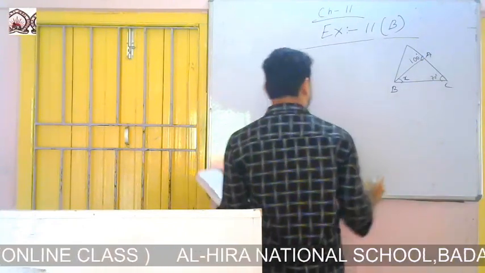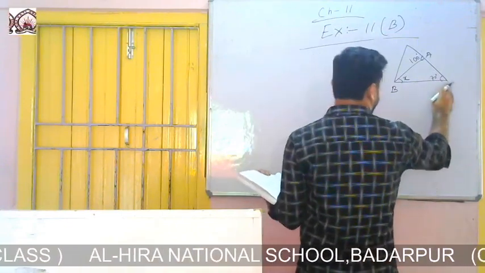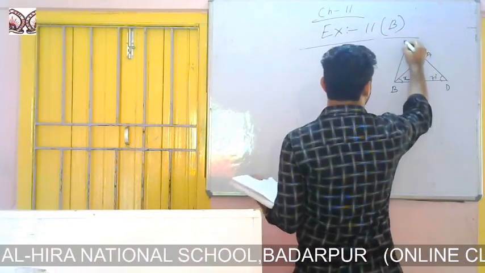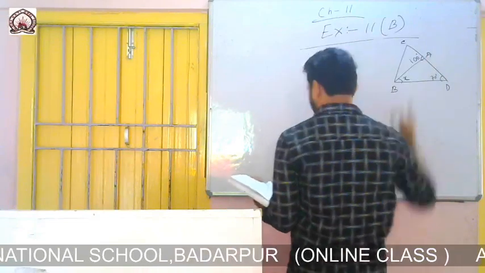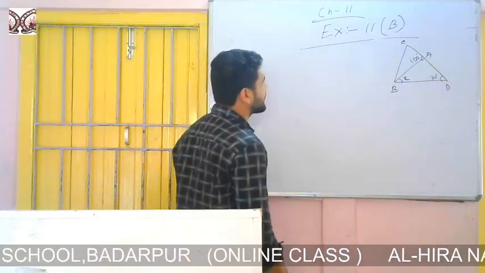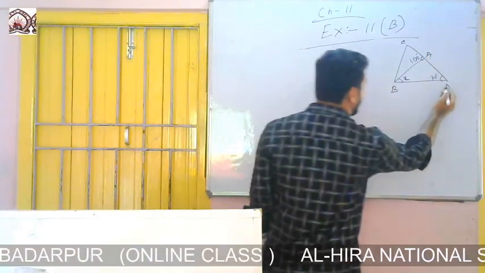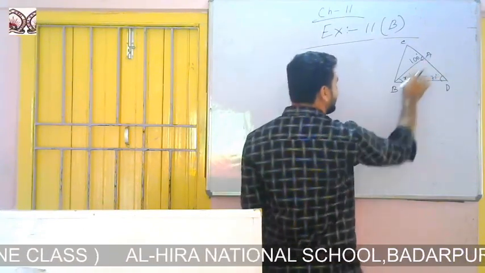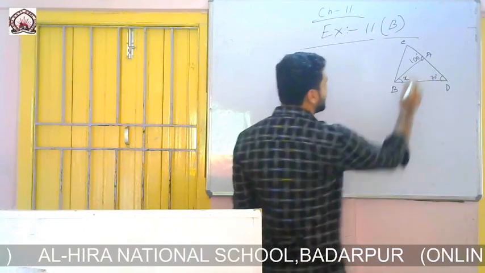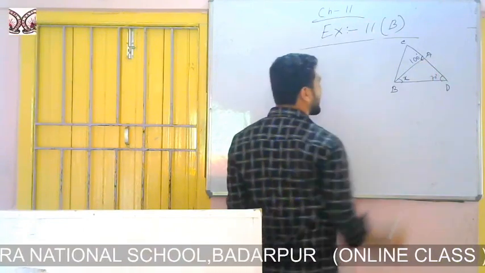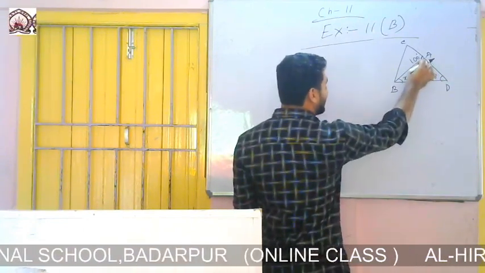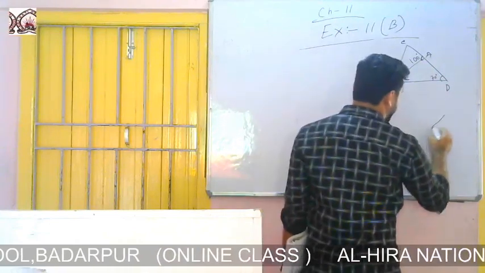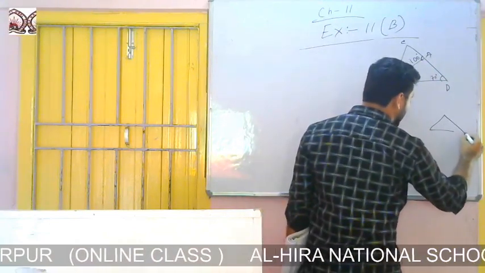C, ABD, and it is C, that means ABC. You see, just look at the diagram. For the triangle ABD, this angle is the exterior angle. Okay, for the triangle ABD, if I draw separately, then you can understand.